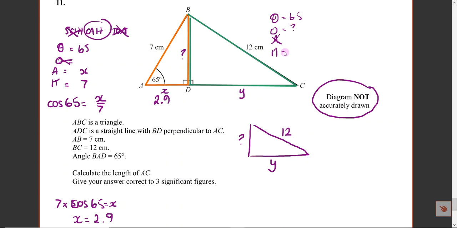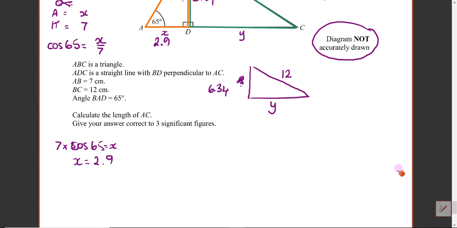The adjacent not. The hypotenuse is 7. So I'm going to use sine 65 is question mark over 7. I work that out and I get 6.34, I think. So that's this side. I then take that down to here, 6.34. Now I've got the information to find y.